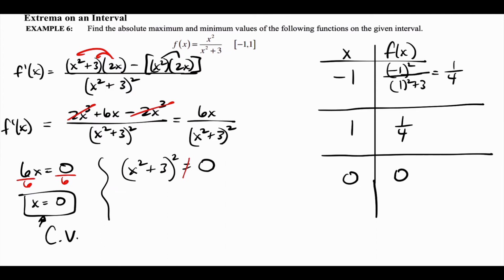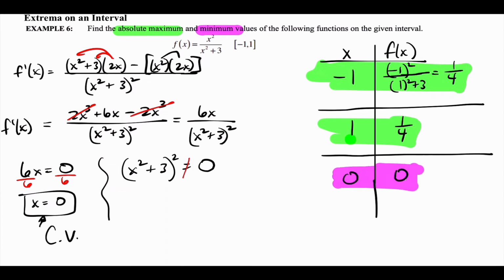Okay. So the absolute maximums are at 1 and -1. Those are the highest points. We have 2 of them. The absolute minimums, there's only 1. They are at 0.